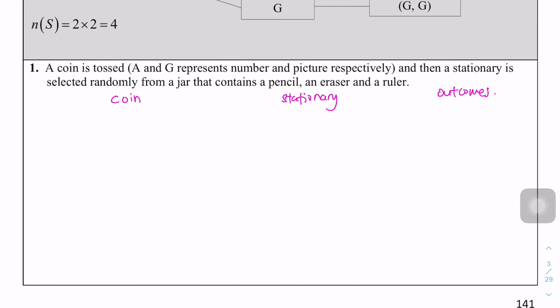So we write A. And then if we choose A, the possible stationery that can be chosen is pencil, eraser, or ruler.